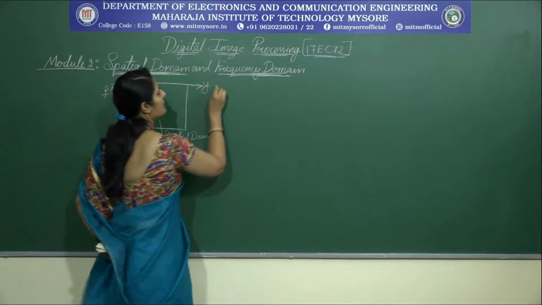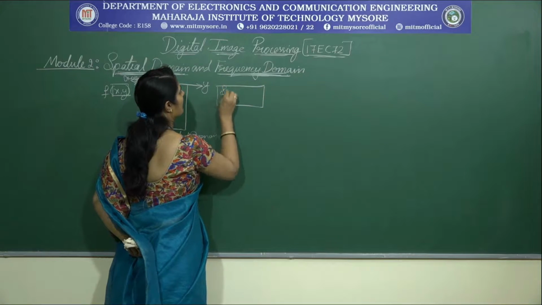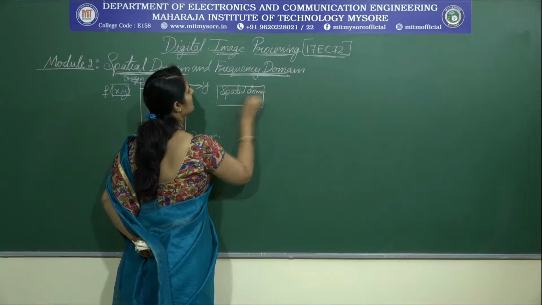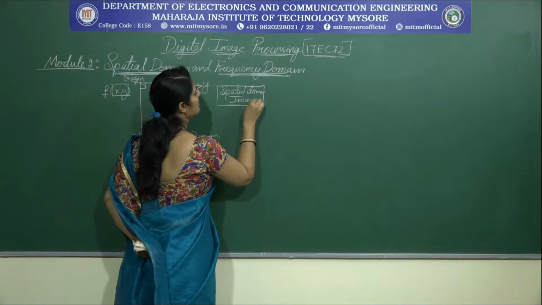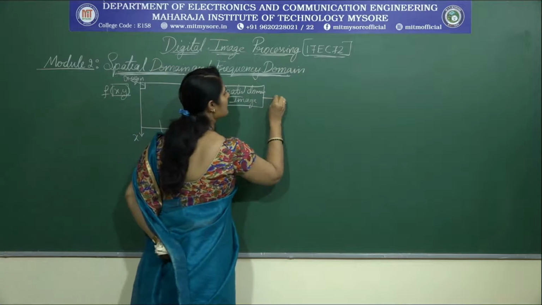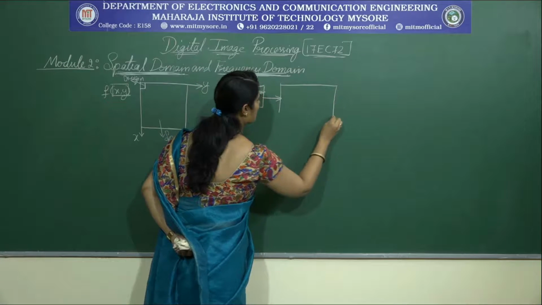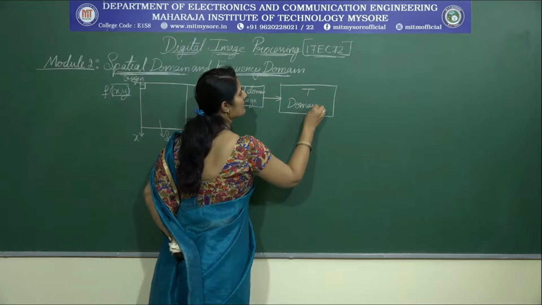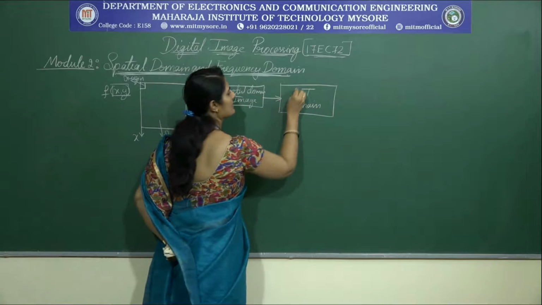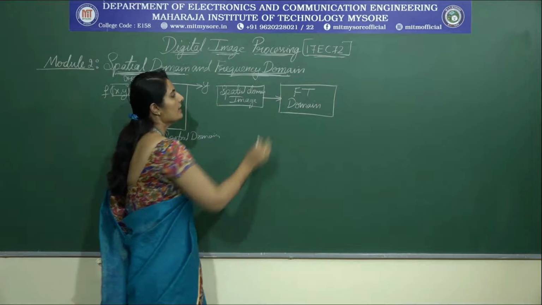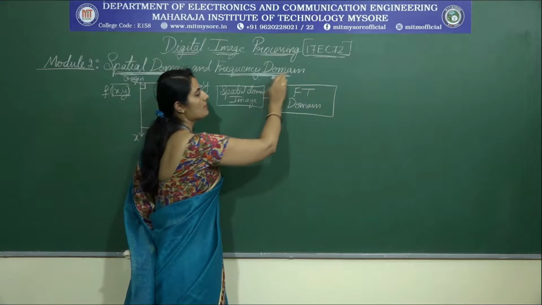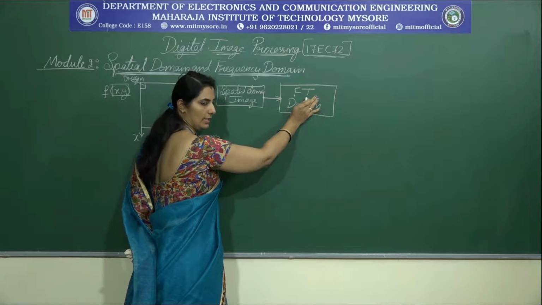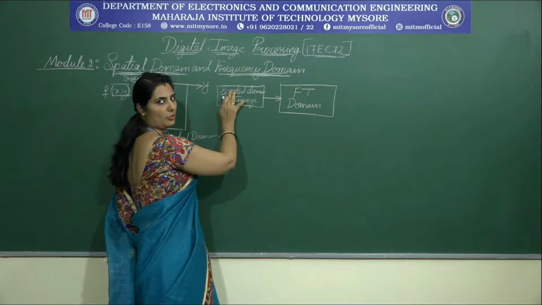If I have a spatial domain image, in frequency domain, first we convert the spatial domain image into the transform domain. Usually this transform that we use here is the Fourier transform. Now we will perform some processing operation on this Fourier transform image, not on this spatial domain image.